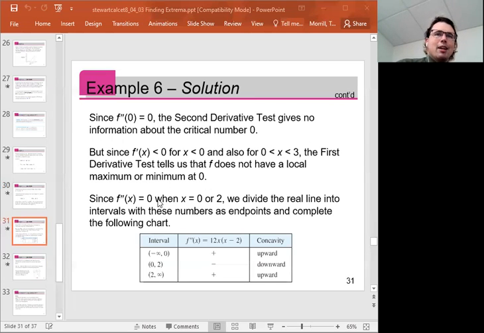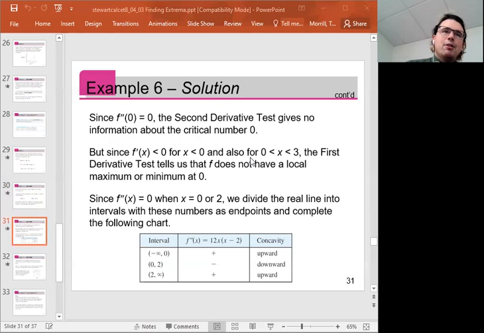Again, we just got that by plugging in a value into the formula. For values of x between 0 and 3, the first derivative is still negative. So in fact, x equals 0 is not a minimum, and x equals 0 is not a maximum. It's going to be something else, but not a minimum or a maximum.